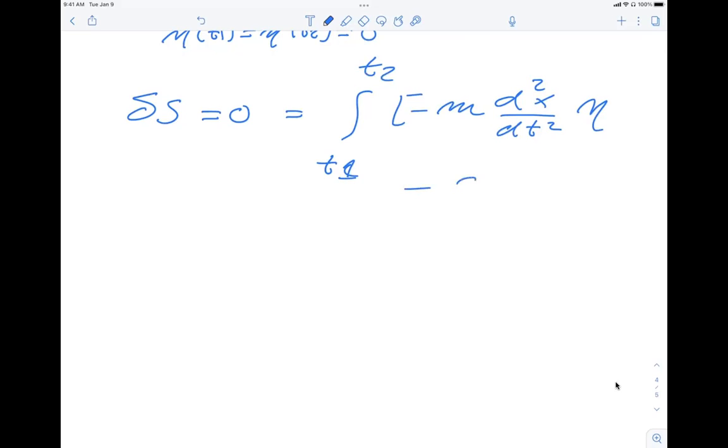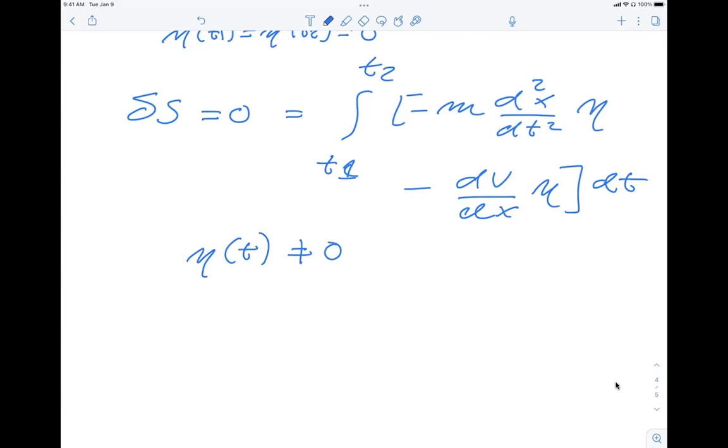And then we have minus dV/dx multiplied with η, and then integrated over dt. Now, we are assuming that η, except for the endpoints, is different from 0, because otherwise there wouldn't be a change in the path we are taking. If η was 0 all the time, there wouldn't be a change in the path. So now we're actually optimizing with respect to this η to find what minimizes the action which is needed to bring you from one point to another point.